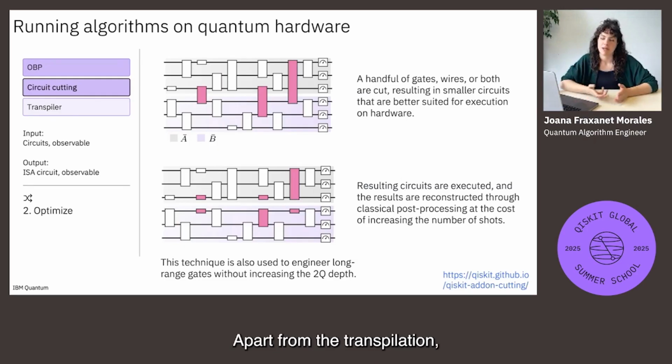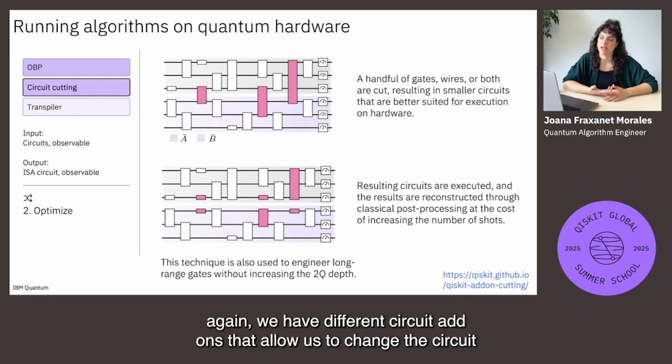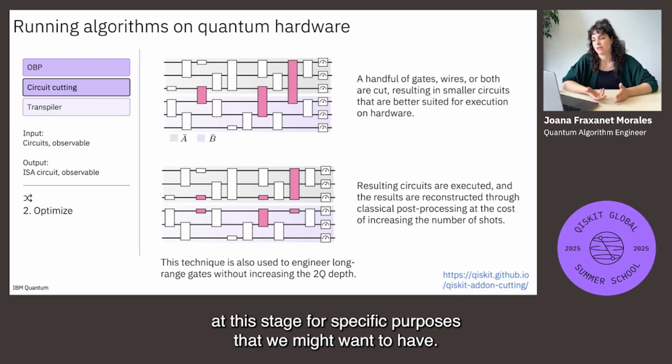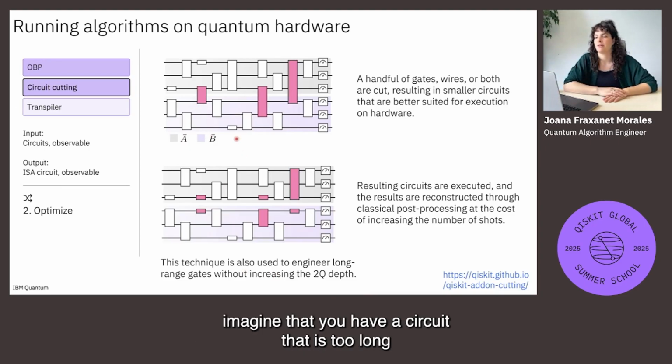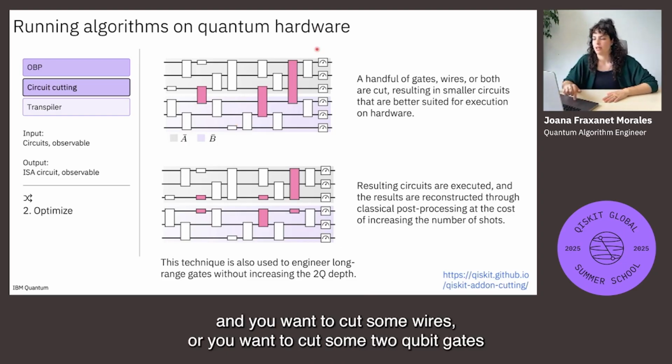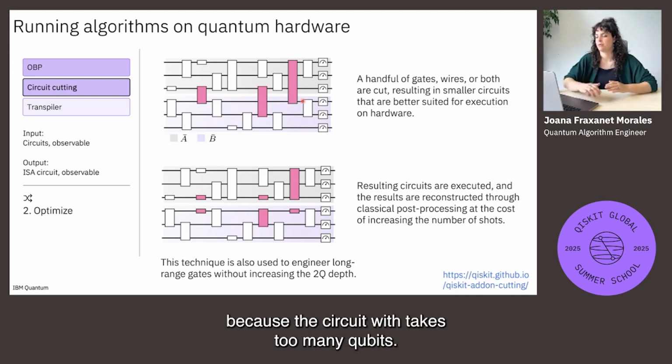Apart from the transpiler, again, we have different circuit add-ons that allow us to change the circuit at this stage for specific purposes that we might want to have. So, for example, we have circuit cutting. For circuit cutting, imagine that you have a circuit that is too large and you want to cut some wires, or you want to cut some 2 qubit gates because the circuit takes too many qubits.